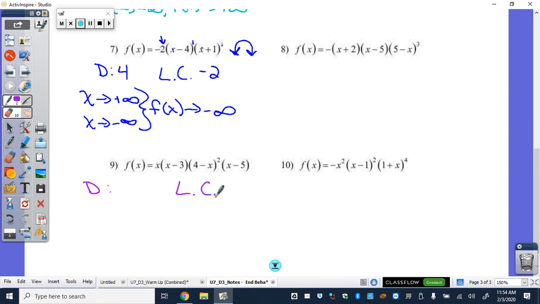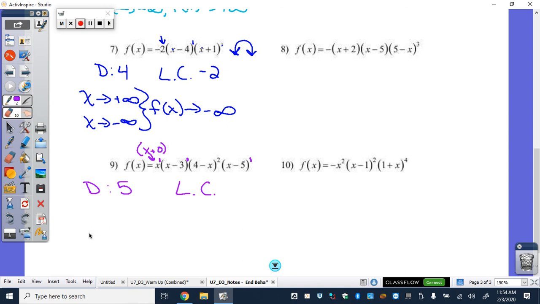All right, number 9. That x out in front does get included as part of your degree. So this x has an exponent of 1, plus 1, plus 2, plus 1. This has a degree of 5. That x is still part of it. If we wanted to get technical, it would be written as x plus 0 with an exponent of 1.